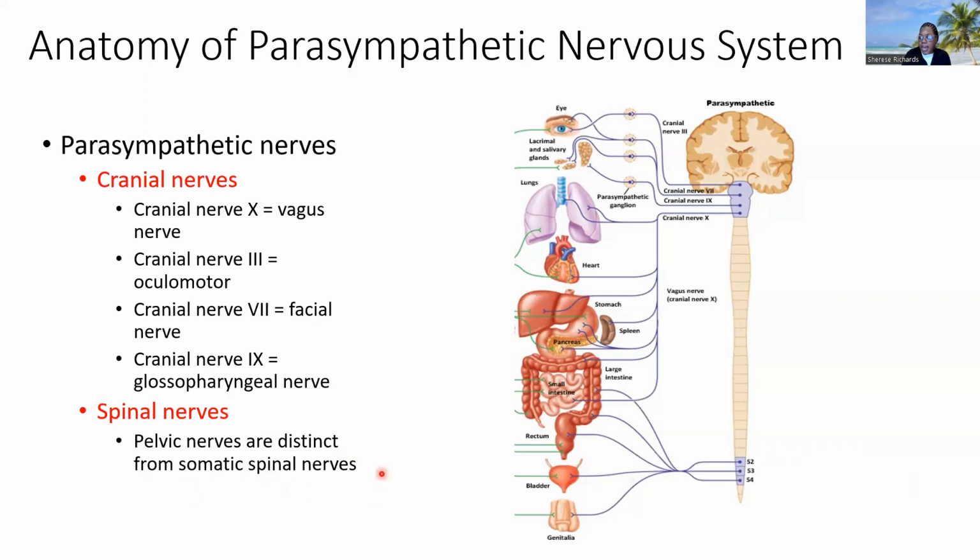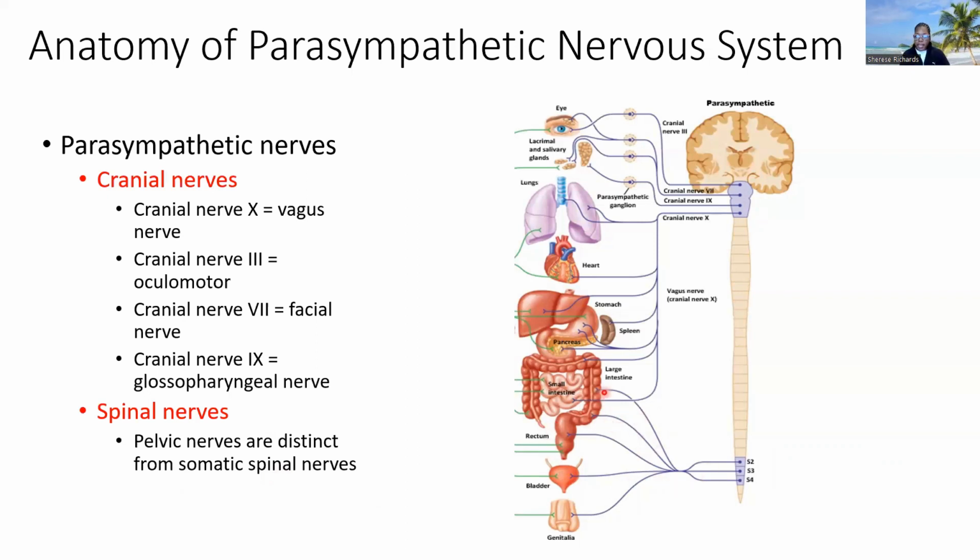Okay, so these are not somatic nerves. Very important to make that distinction. It's pretty easy to confuse spinal nerves with somatic spinal nerves. So these are going to be pelvic nerves, which are not somatic. Somatic will be things that we can voluntarily control. Instead, these will go to our pelvic organs and glands, like the lower parts of the gastrointestinal tract.